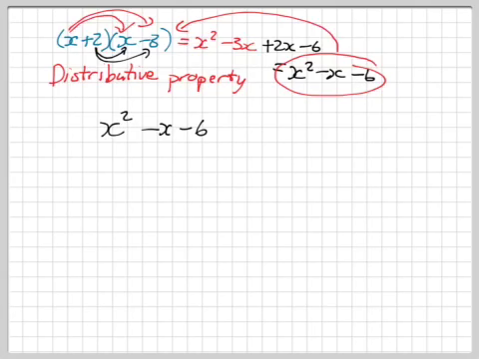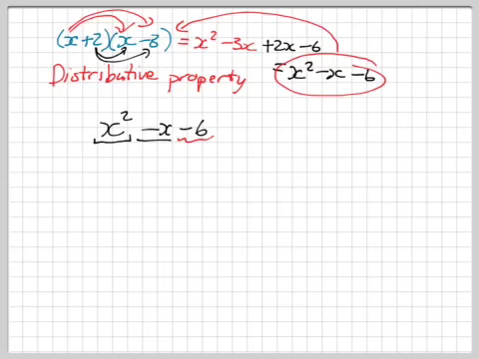So let's get started. This method is very simple, but requires that you first write your expression in descending powers of x. In other words, I have my x squared written first, then secondly my x, and lastly my constant.